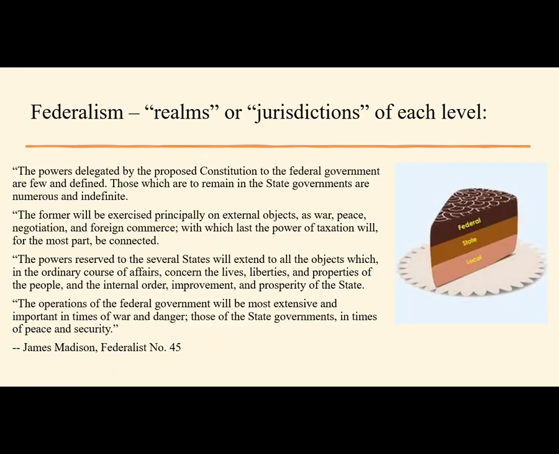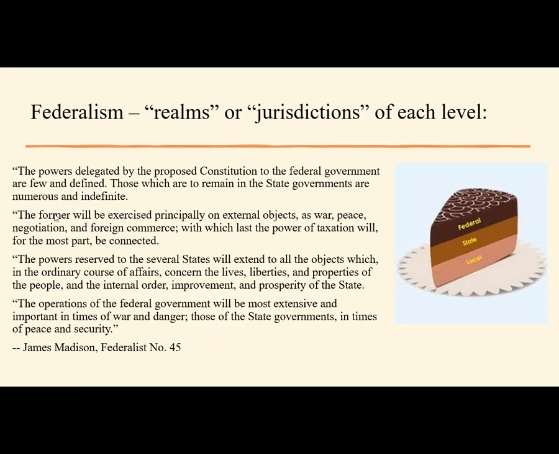So he's essentially saying that the Constitution sets up a very limited national government and leaves state governments all other powers that are not given to the national government. Now he goes further.